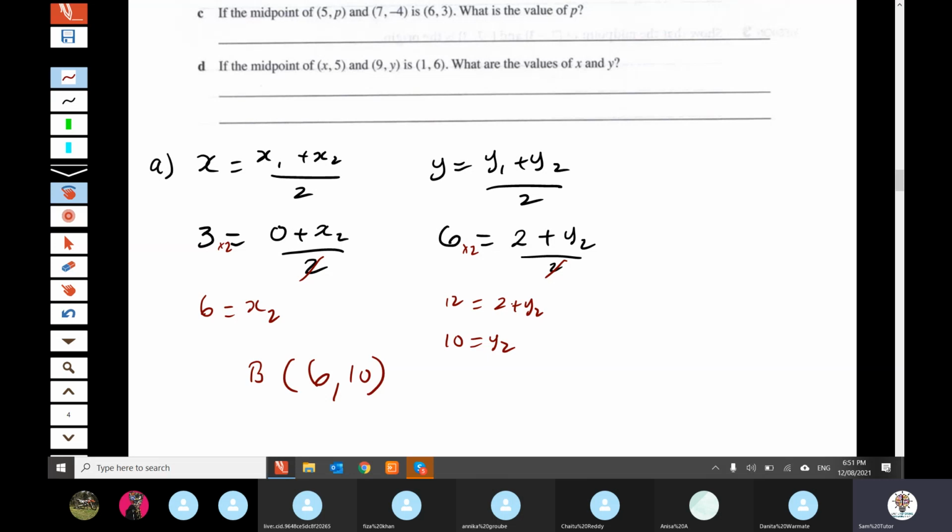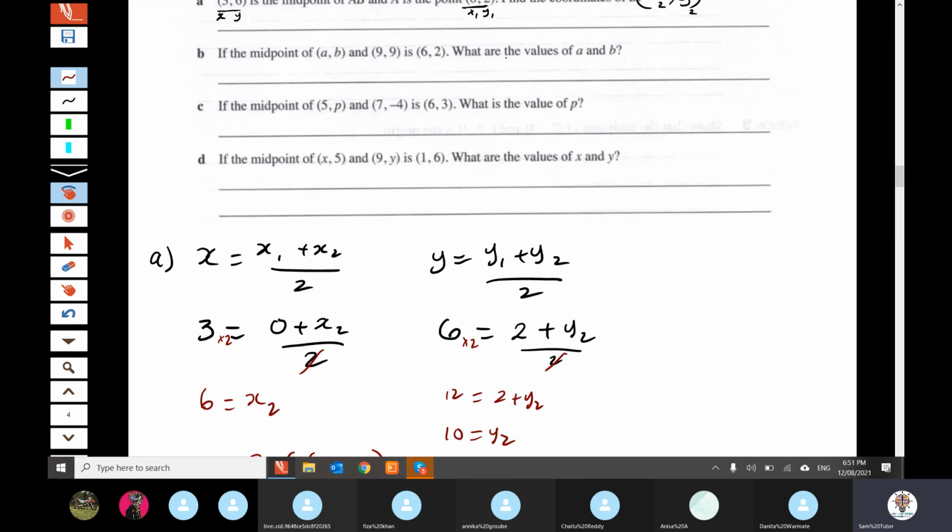So let's try B. If the midpoint of AB, so they gave you that, and 9, 9 is 6, 2, what are the values of A and B? All right, let's do that.